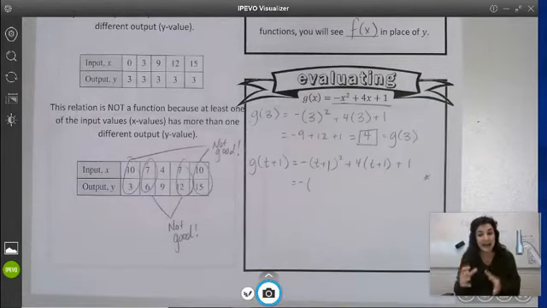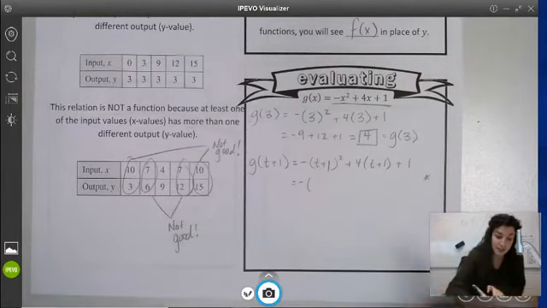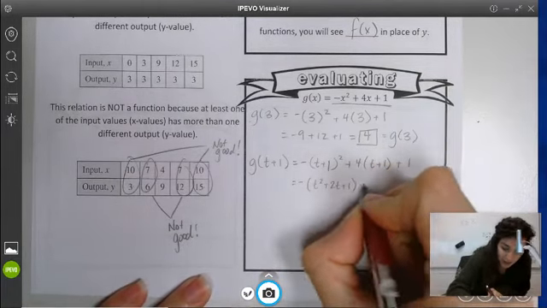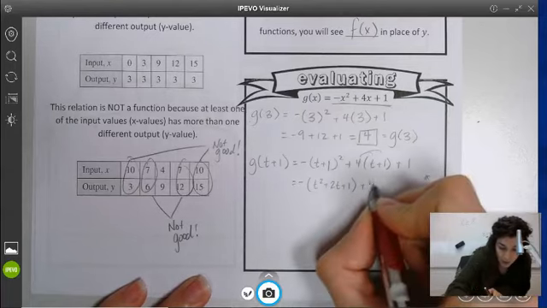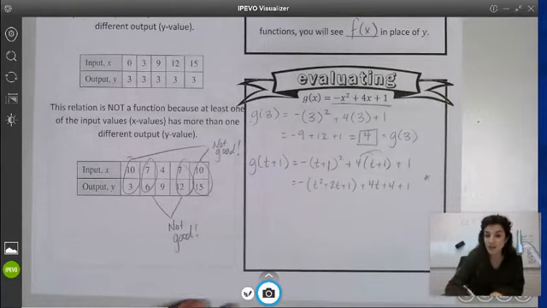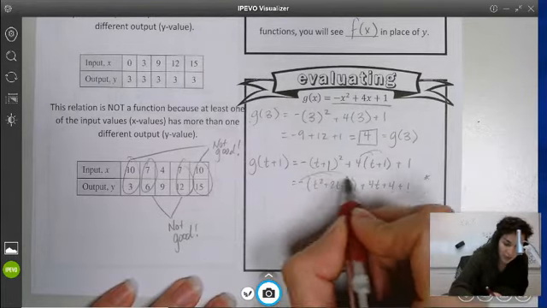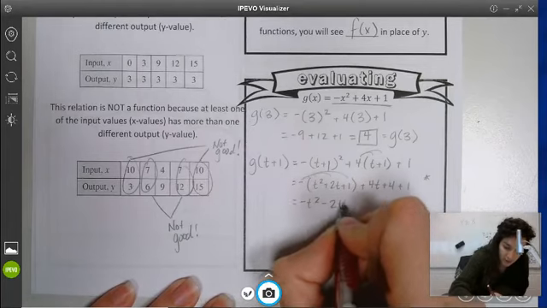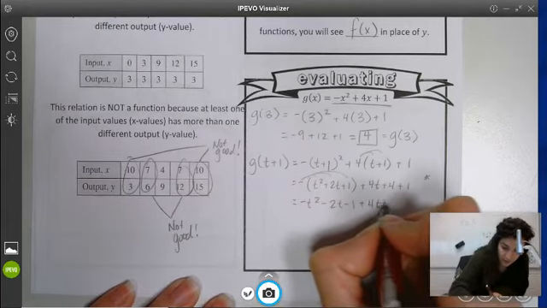T plus 1 squared is not t squared plus 1 squared. It is t plus 1 times t plus 1. So that's going to be t squared plus 2t plus 1 plus, I'm going to distribute that 4 to both terms. And then I'm going to move on to combining like terms. I need to distribute that negative to all 3 terms. Negative t squared minus 2t minus 1.